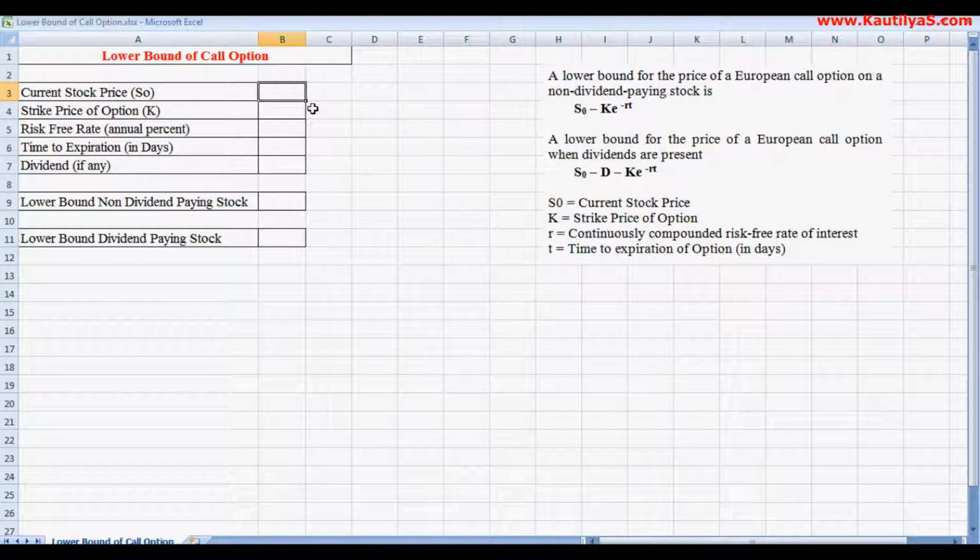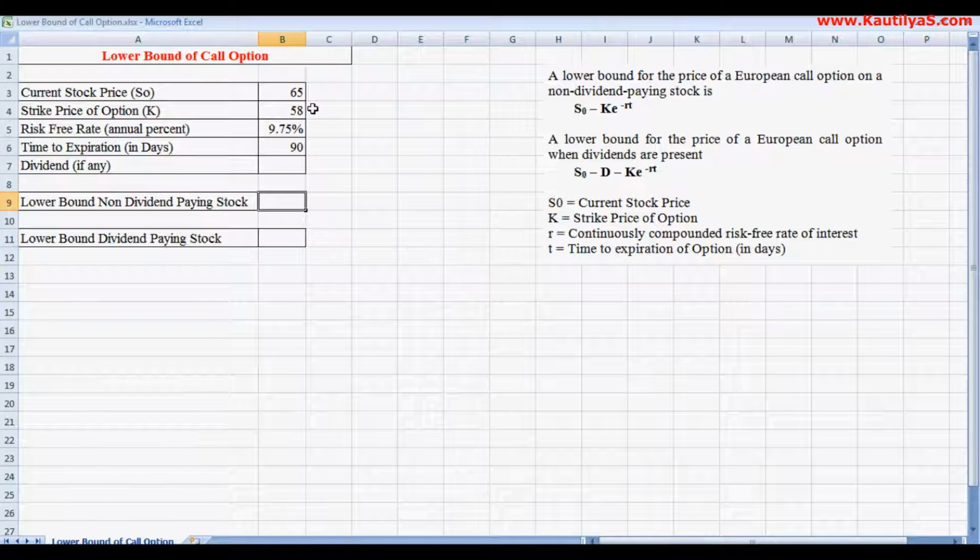Let's say the current price of the stock is 65 and the strike price is 58, the annual risk-free return in percentage is 9.75%, and the time to expiration of this contract is 90 days.